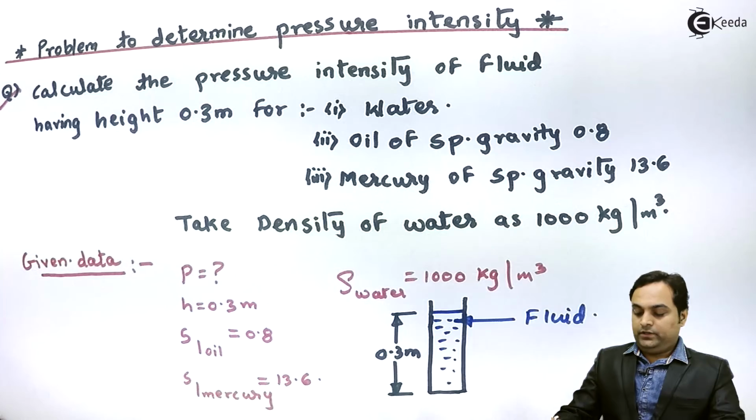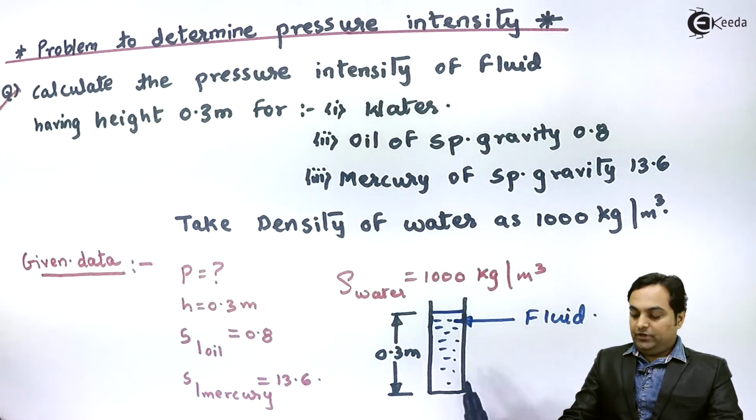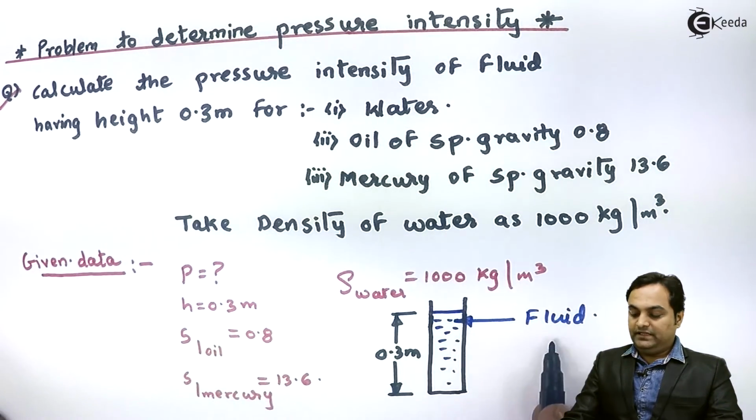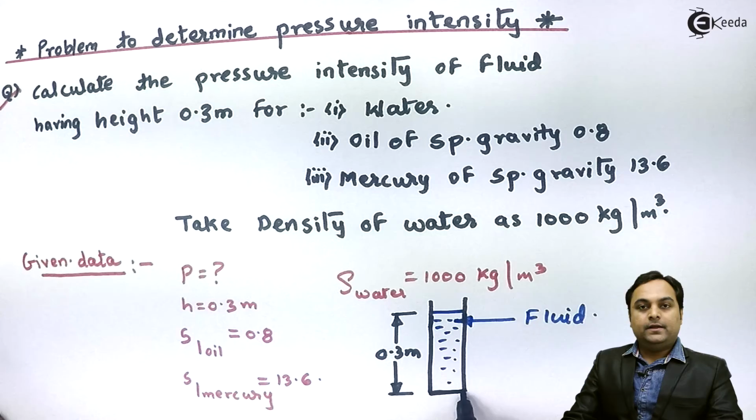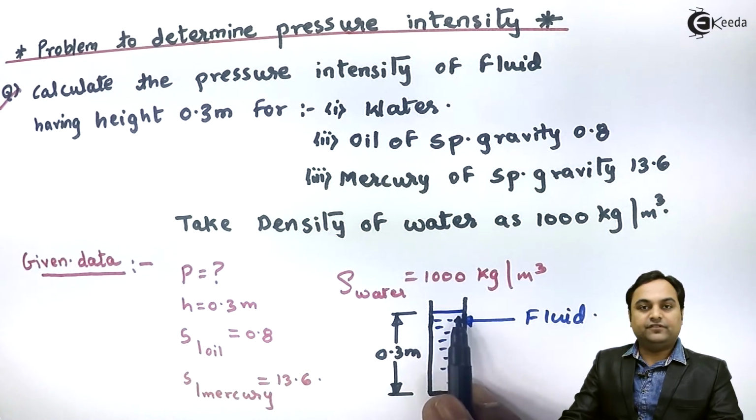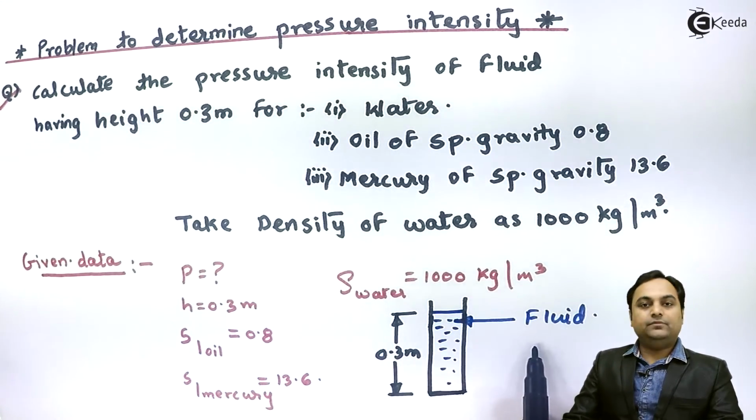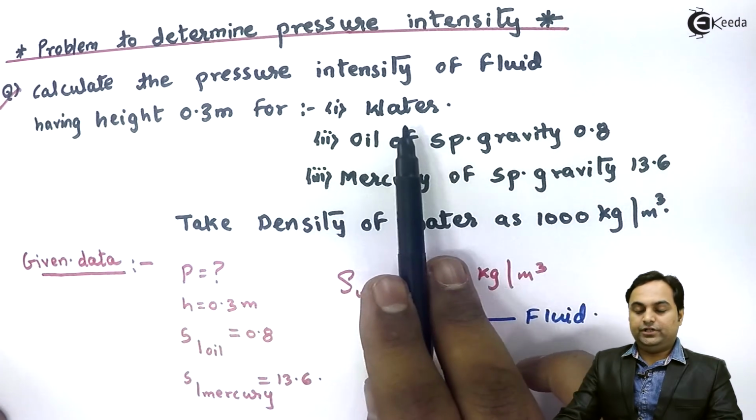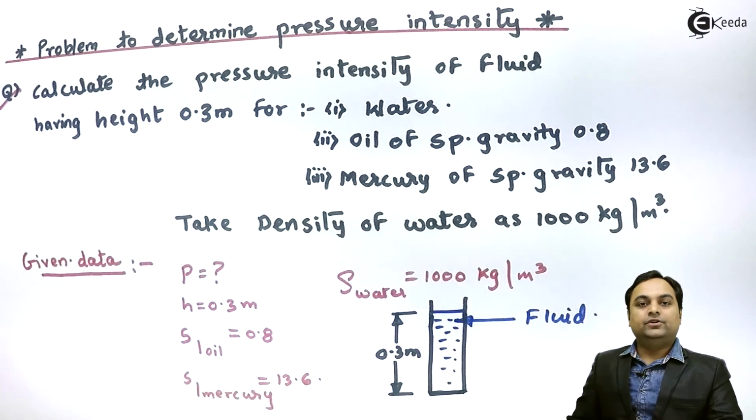Now we have to find out how much pressure will be exerted by this fluid at the bottom end, since the height is 0.3 meter, this height is given from the free surface of the fluid, and each time the fluid will change. First it will be water, then oil, and then mercury. So let us try to get the solution for this problem.